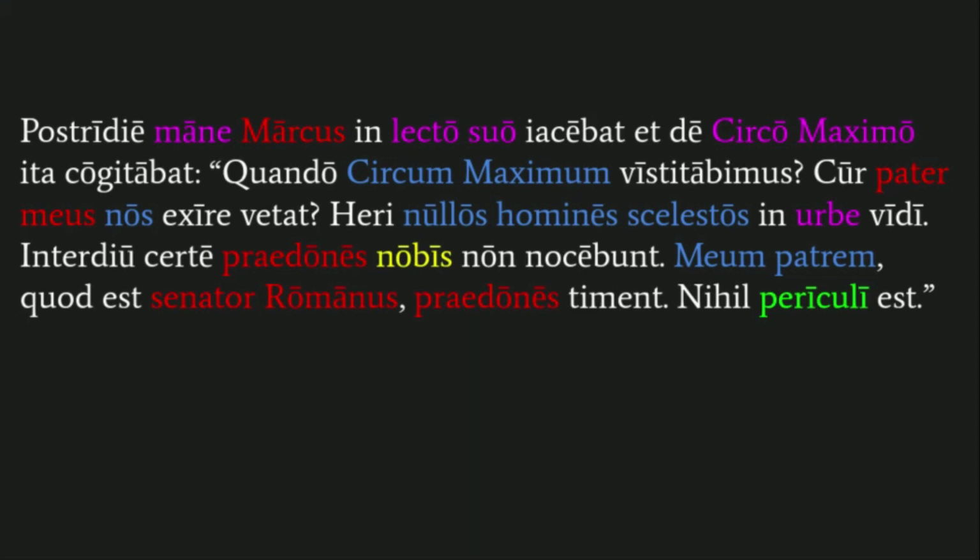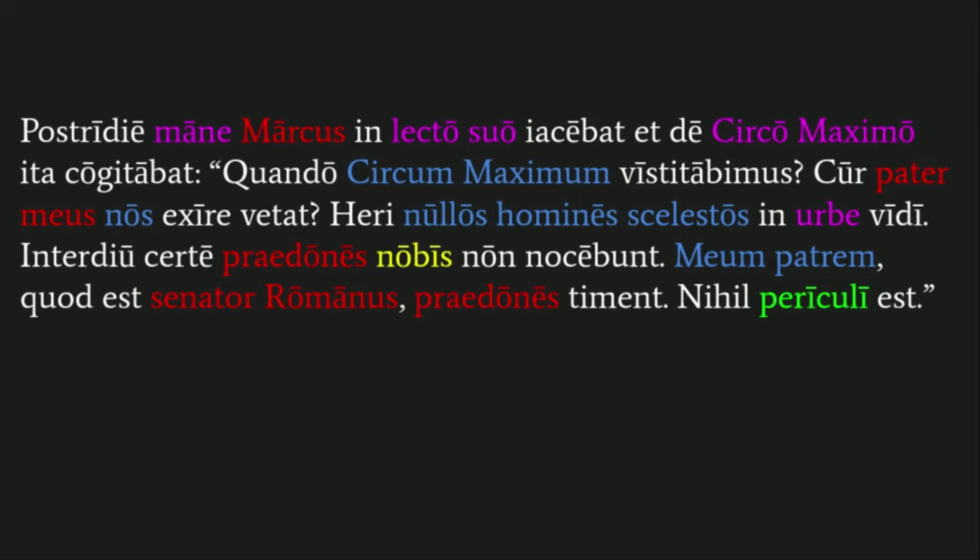So he's saying during the day, nobody's going to harm us. Meum patrem, quod est senator Romanus, praedones timent, nihil periculi est. So he finishes his thought by saying, praedones, you have to go to get the main subject of the sentence, go to praedones, right? So the robbers, timent, they fear, meum patrem, my father. So he's saying robbers fear, they're afraid of my father.